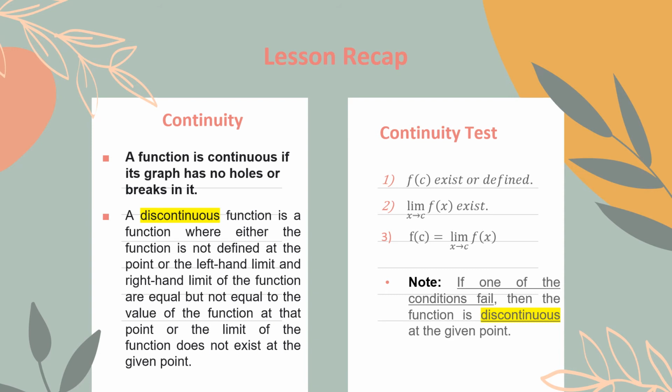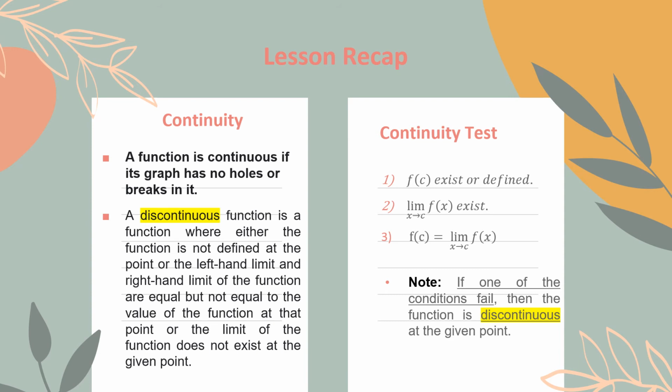For example, the road: if there is a block on the road, you just use the other lane. If there is a blockage, a hole, a break, an interruption, it is discontinuous. But if there is none, then it's continuous, with no holes and no breaks.